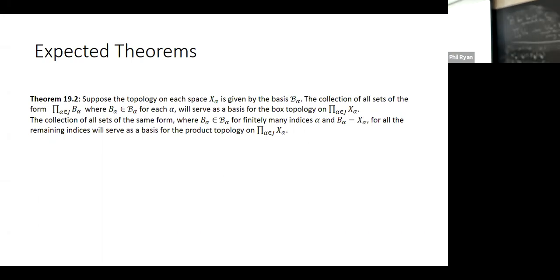Okay, so suppose that on each space you're given a basis for each space. The collection of all sets of the form product of basis elements will serve as a basis for the box topology.